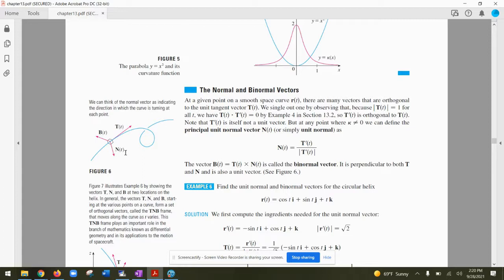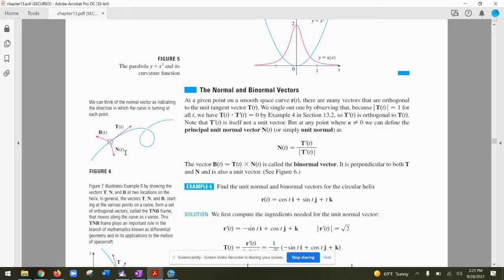You have it in your notes somewhere. So that's the reason: because T has constant length, the dot product of itself and its derivative is 0, so T prime is orthogonal to T. Note that T prime itself is not a unit vector, but at any point where curvature does not equal 0, we can define the principal unit normal vector, N of t, or simply the unit normal, as this.